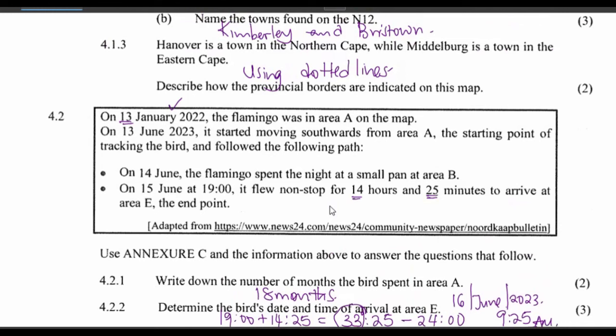However, we change the 25 minutes to hours. So it's 14 plus 25 divided by 60, which equals 14.42.